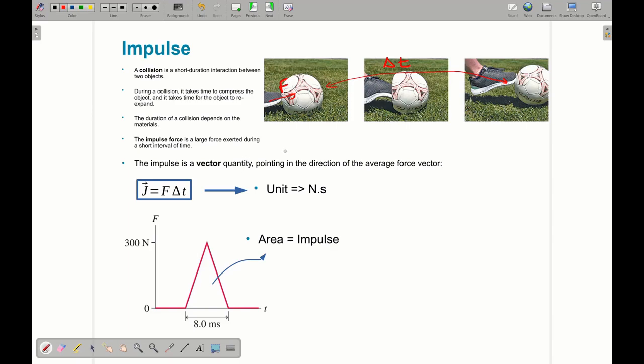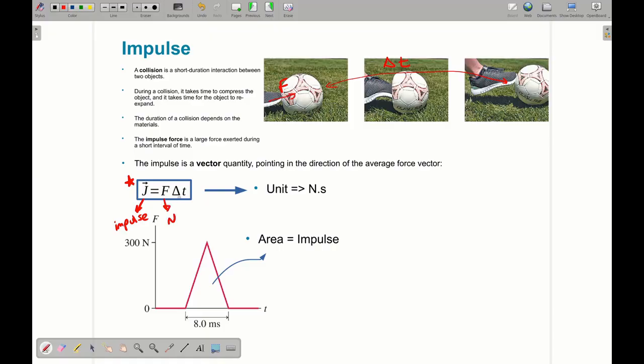These two things decide the effect, or impulse, we have on that object. The impulse is calculated using the average force applied times the time it takes to apply it. This is called impulse: how much impact you give to an object with your force. This is force, this is time.